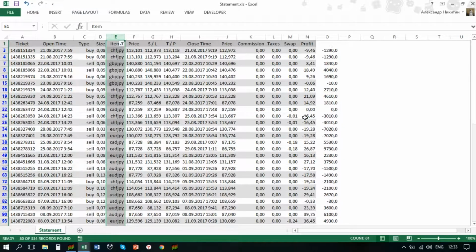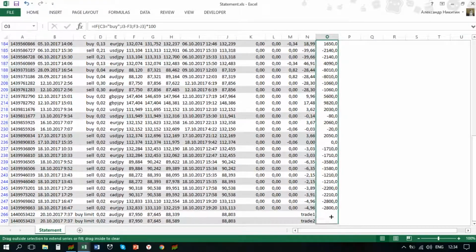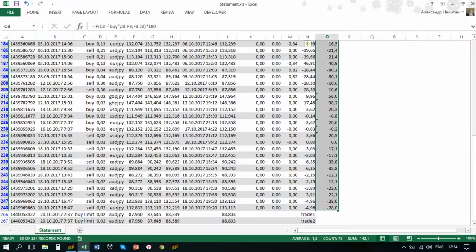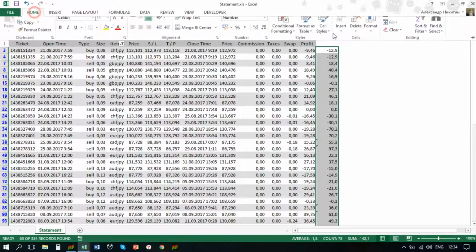Now I have only yen. Here I am to change that, multiply by 100. Done. And let me stretch that till the end. Replace all the formulas this way. Perfect. Done. Disable filters.